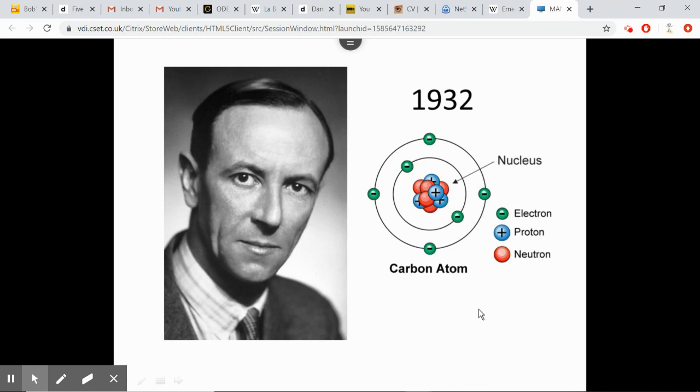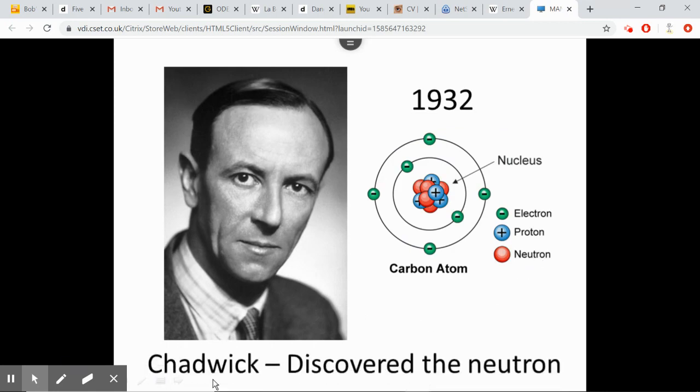Okay, further investigation came in 1932 from someone called James Chadwick, who discovered the neutron. So up to this point, they realized that most of the mass is found in the nucleus in the middle, and there must be more particles than just the positive protons. They thought there must be neutrons, but it wasn't until James Chadwick actually discovered them.